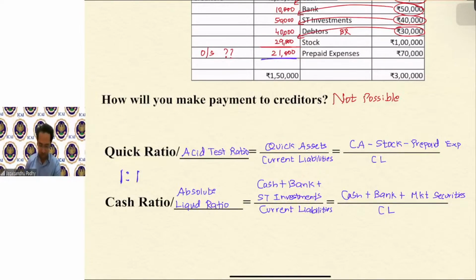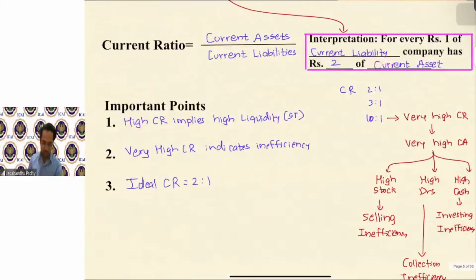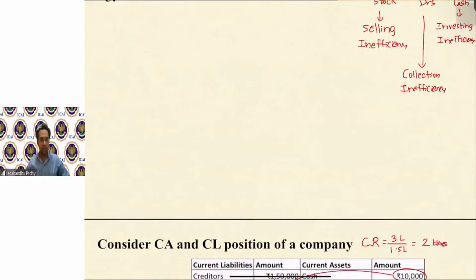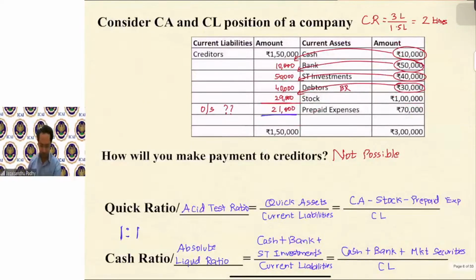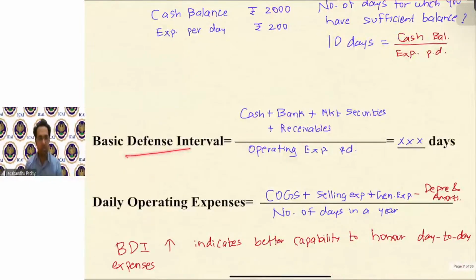The difference between current ratio and the other ratios was we were filtering out current assets that were not good enough to be paid. Then we went ahead with the defense interval ratio, which was telling us how many days of cash balance we have.